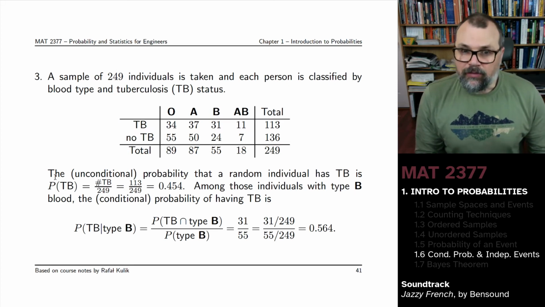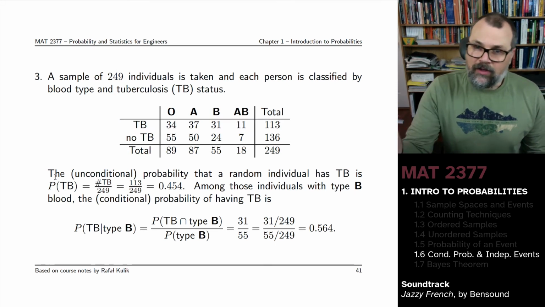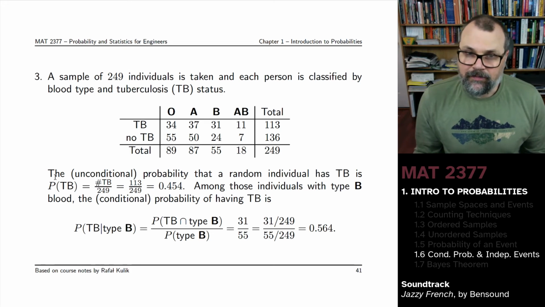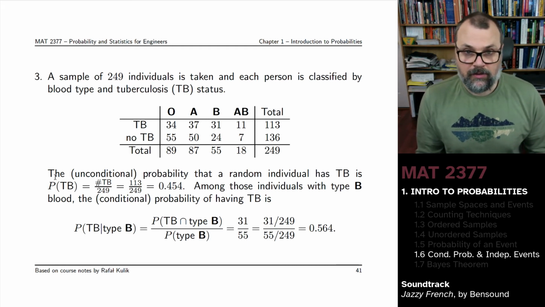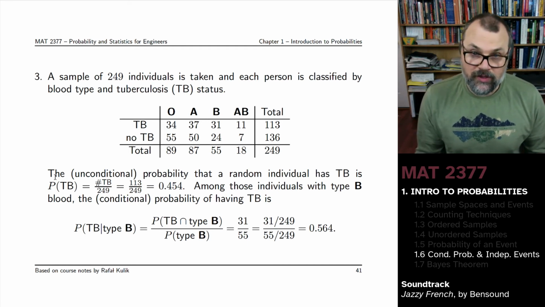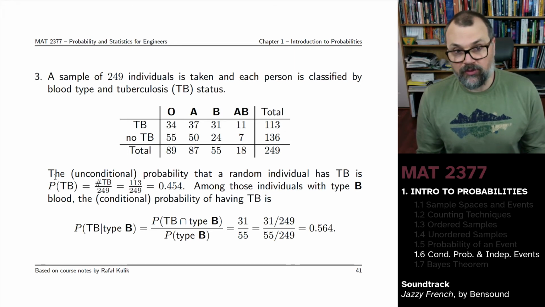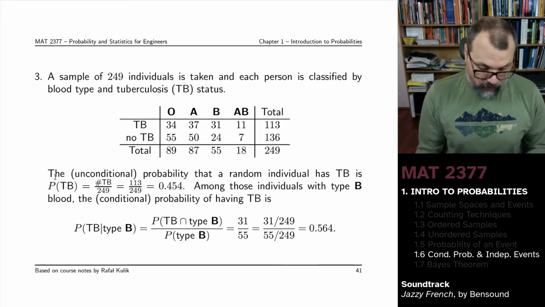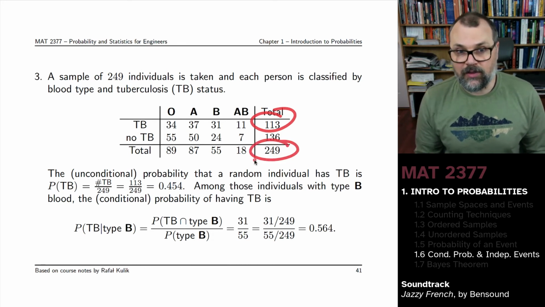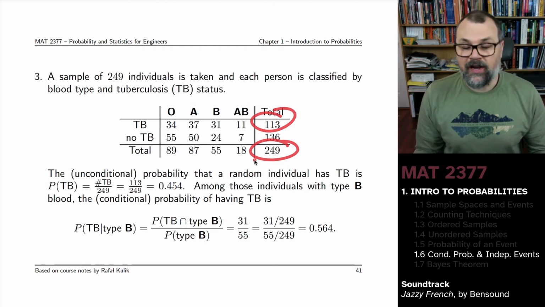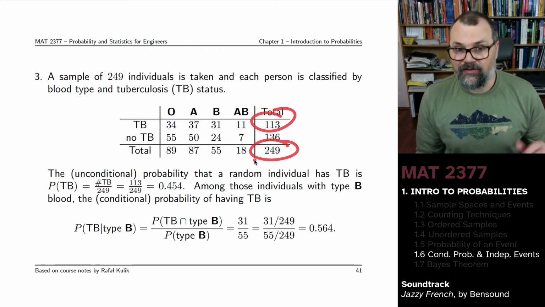The unconditional probability that if you pick a random individual in this data set they have TB would just be the number of cases where tuberculosis was found divided by the total number of people. And there were 113 cases of tuberculosis out of 249 cases as a whole. So that's 113 divided by 249, about 45%.